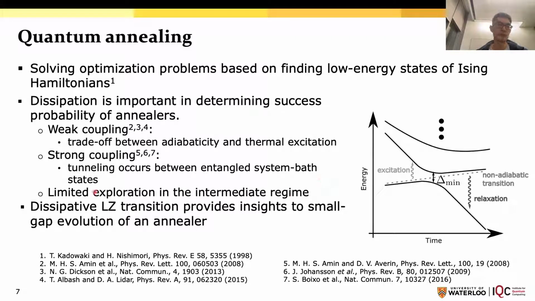And also in general there is limited exploration, in both theory and experiments, in the intermediate regime. Therefore, we believe dissipative Landau Zener transition measurements could provide some insights into the evolution of the annealer through a small gap.